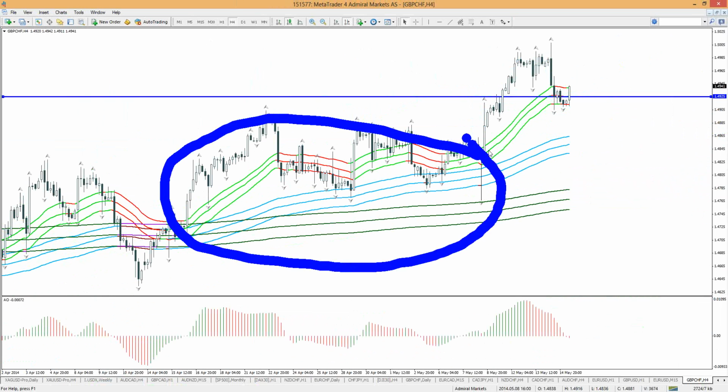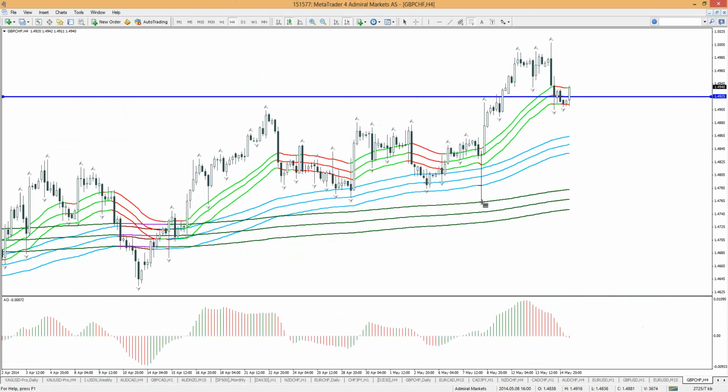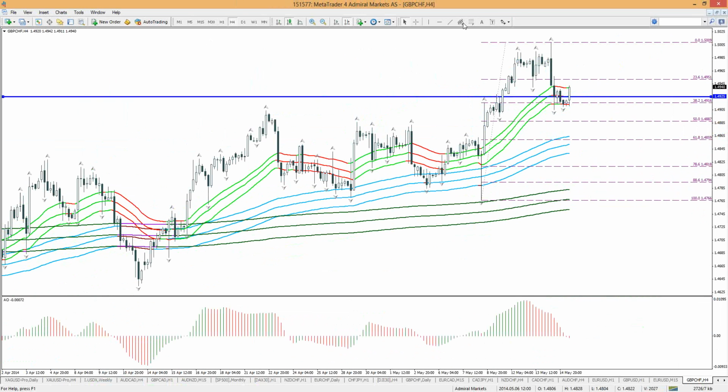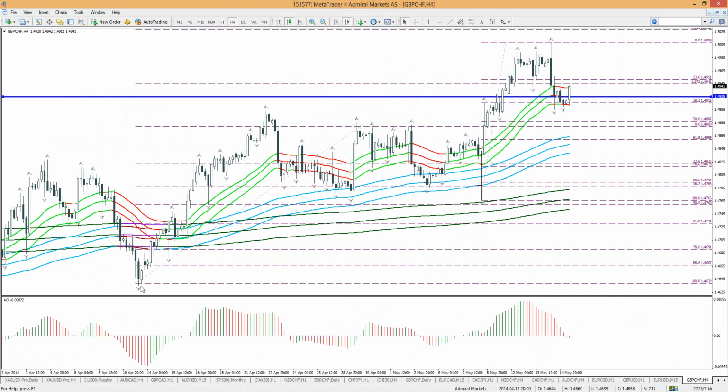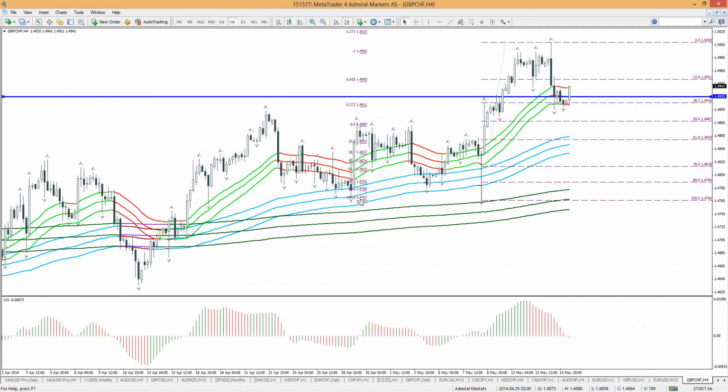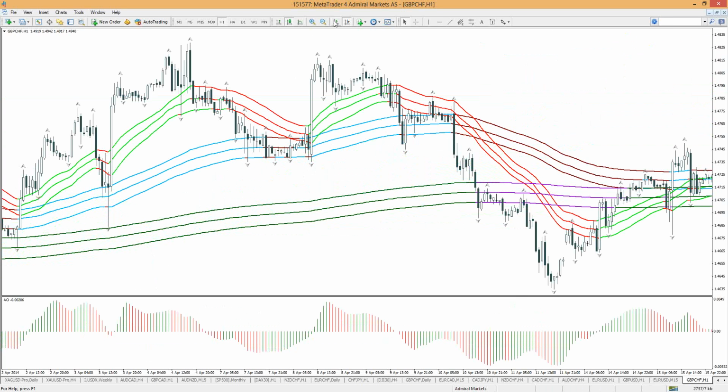In such a scenario, a 38.2 bounce seems more likely, whereas in other scenarios a deeper fib was more likely, like the 50 here, and here even potentially deeper, as we can see. This one, a shallow fib, does fit within the structure of the moving averages, and therefore a break, pull back, and go like this, I would say is a decent probability.